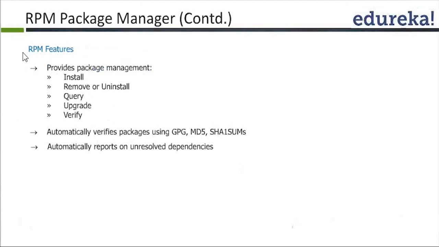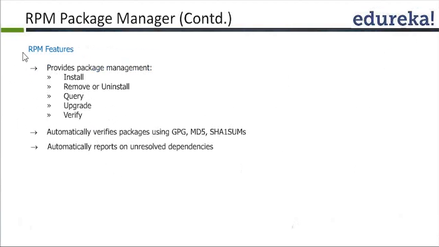When you try to install a particular package, RPM will check whether there are any dependencies involved, and then it will display a message that you should also install these dependencies before installing this particular package. All right, try to understand this. It will not install the dependencies for you.